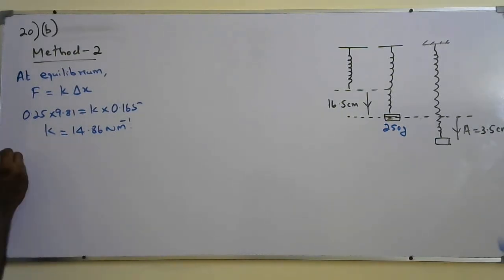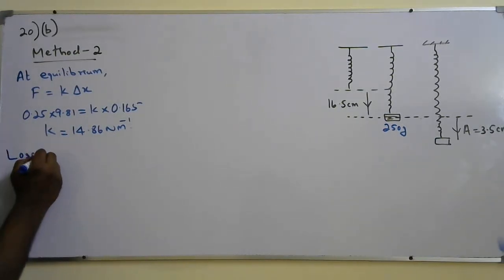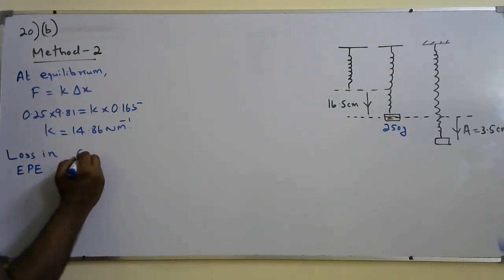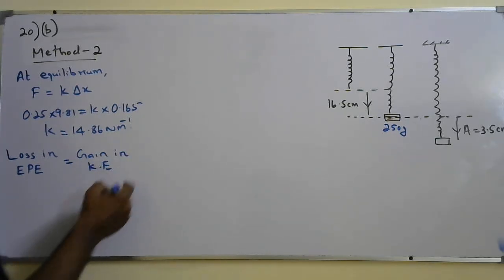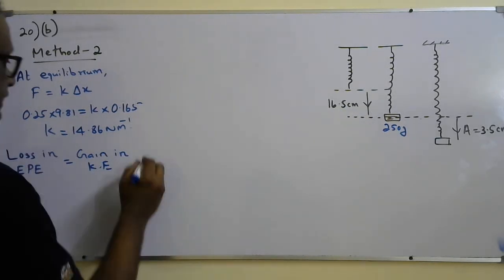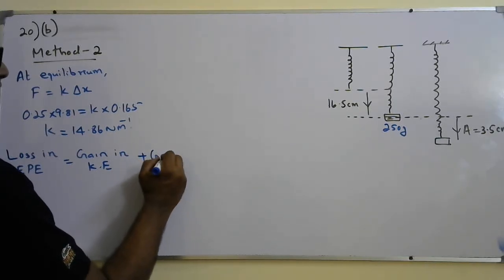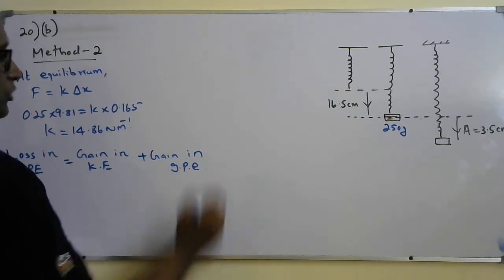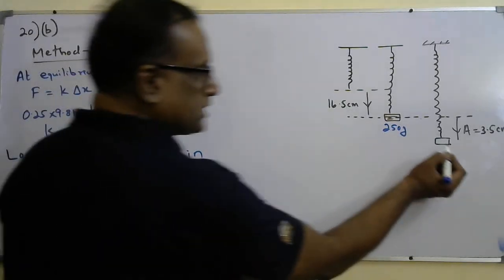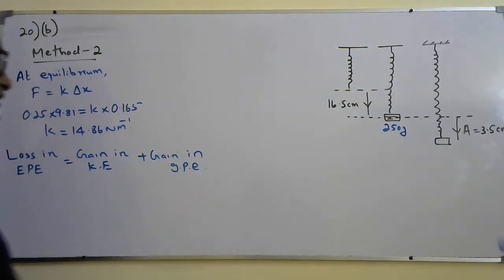So I can say loss in elastic potential energy, EPE, equals gain in kinetic energy from 0 to maximum at the equilibrium position, plus gain in gravitational potential energy. I am going to consider the motion from lowest position to equilibrium position.